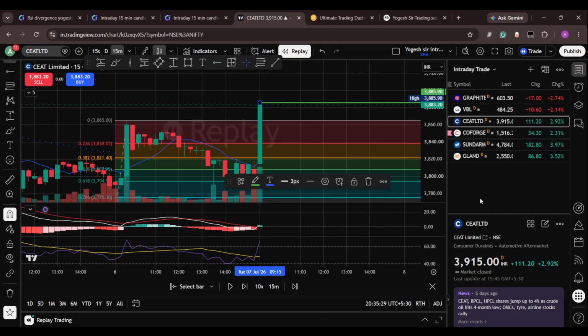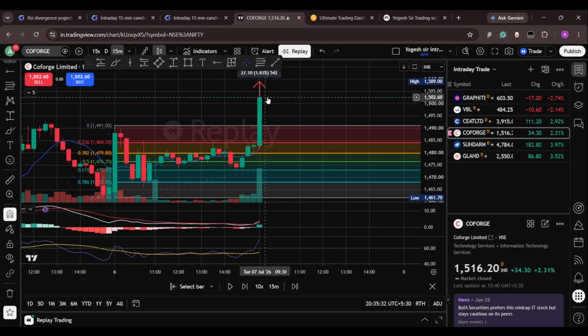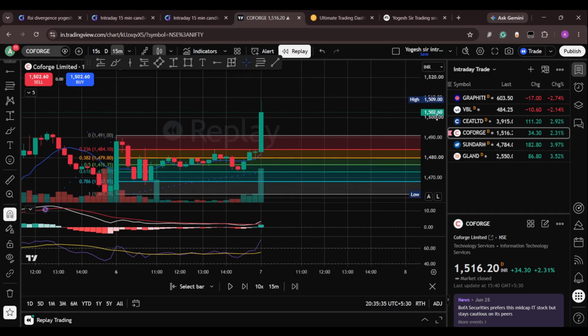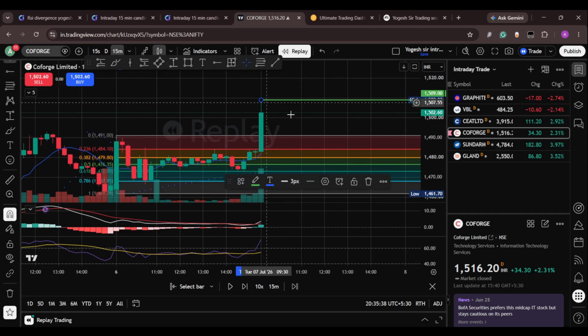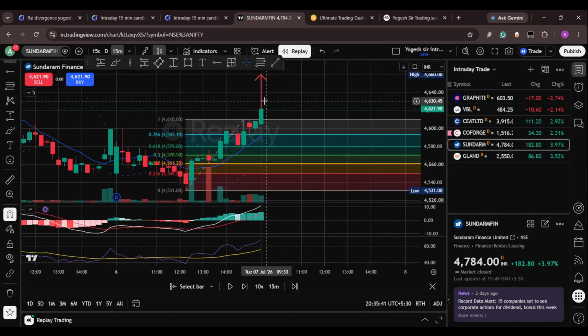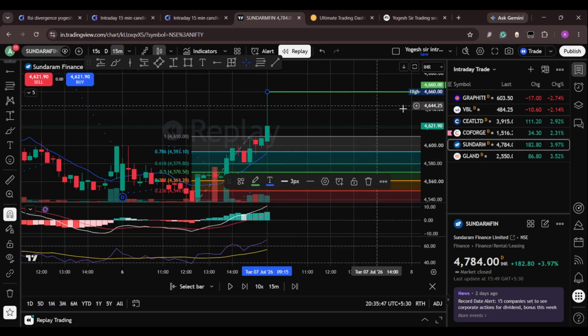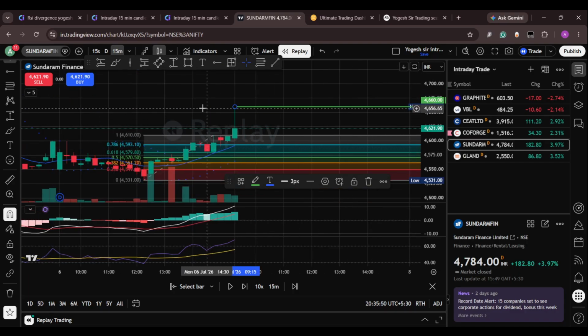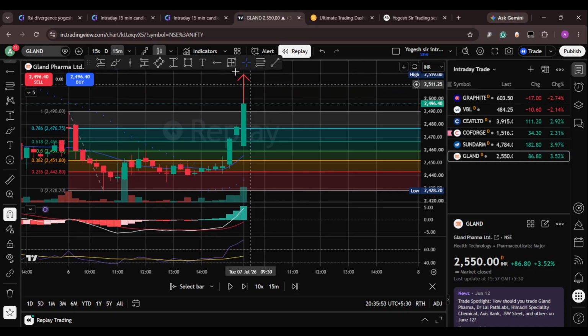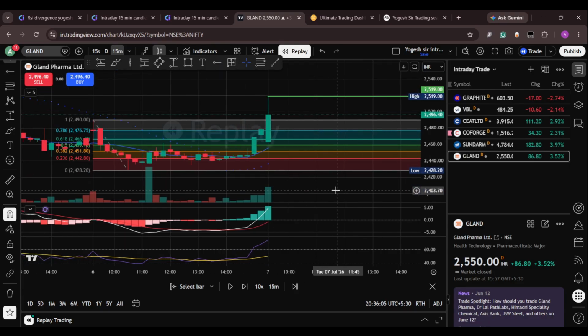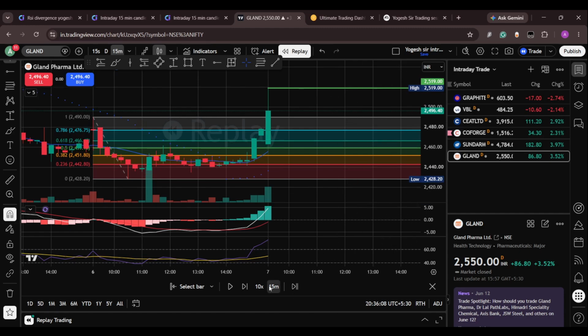As soon as the first candle high is breached, we will take an entry. Okay. So now let's move to the next candle.